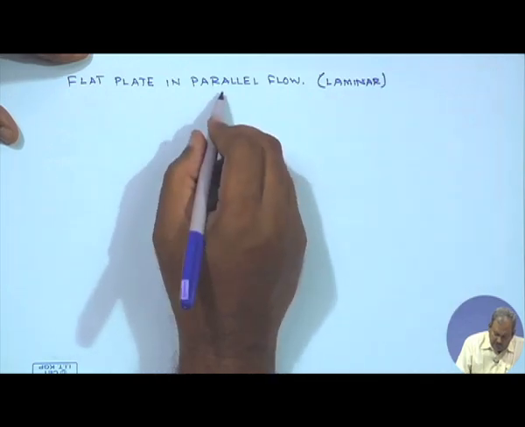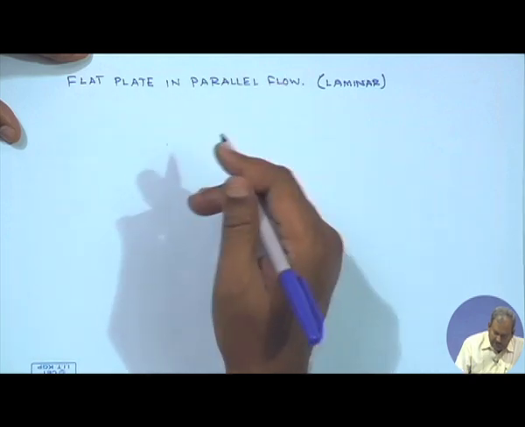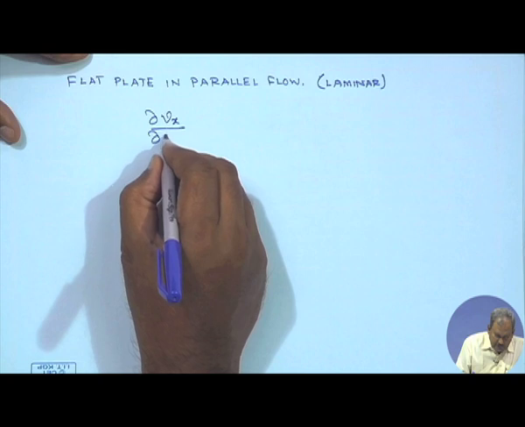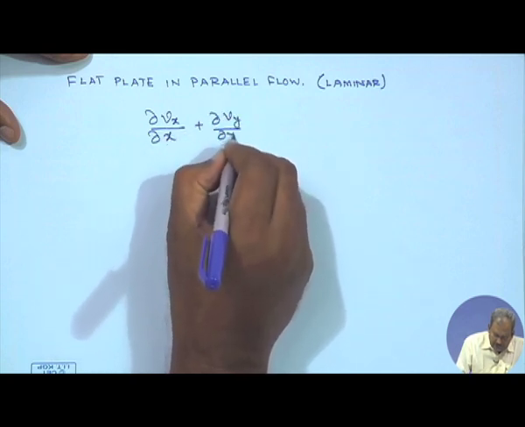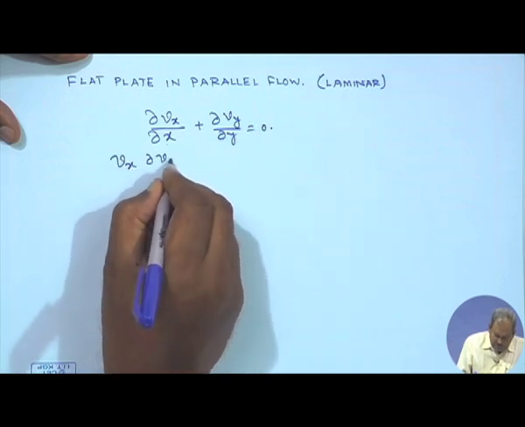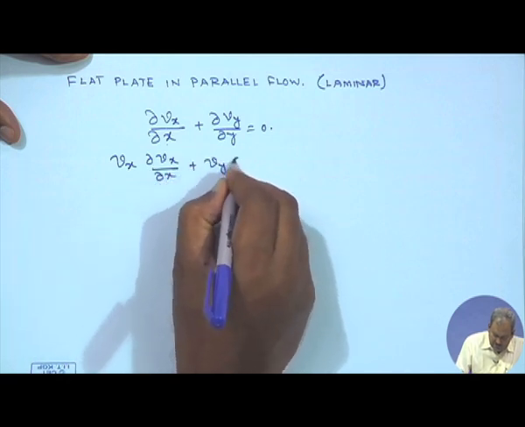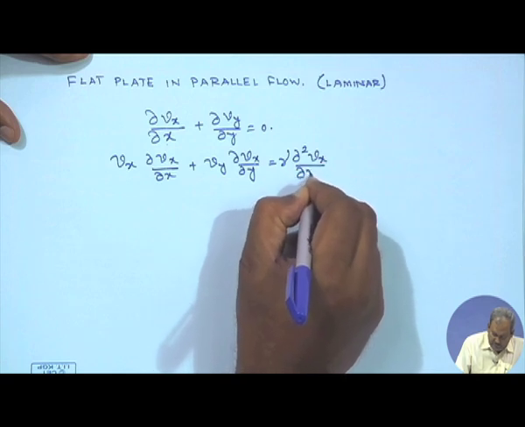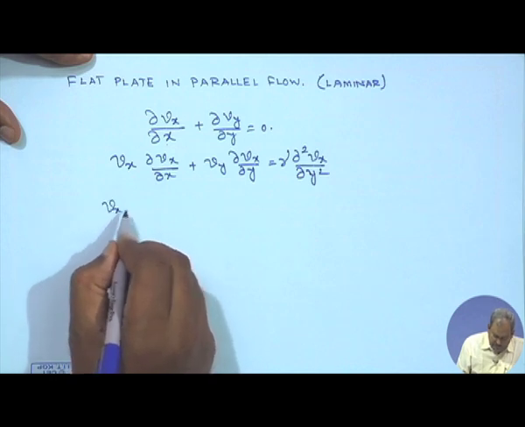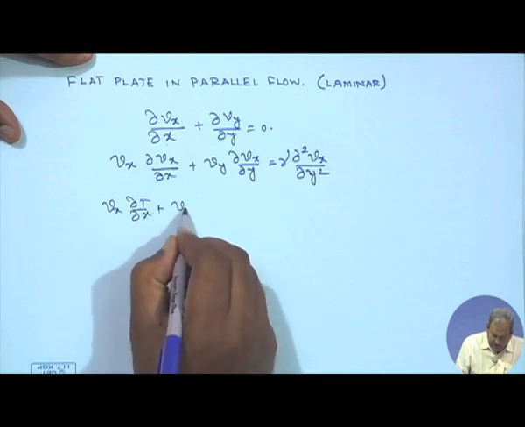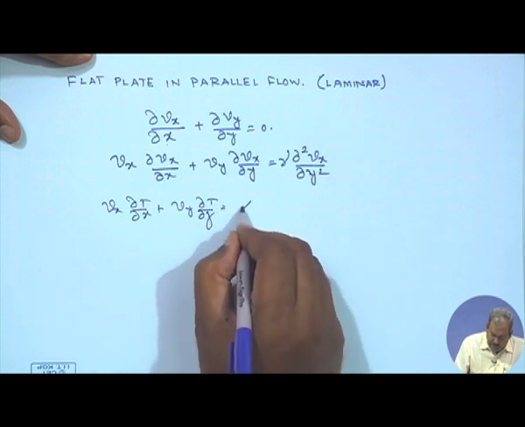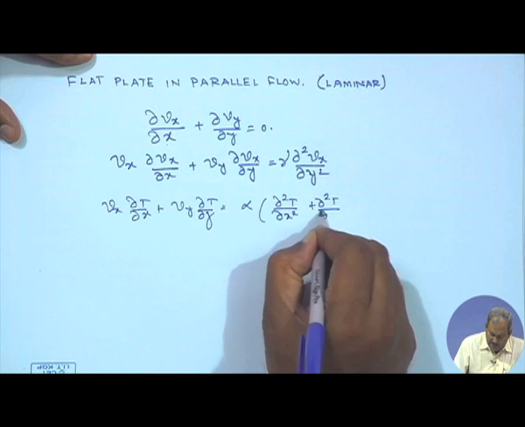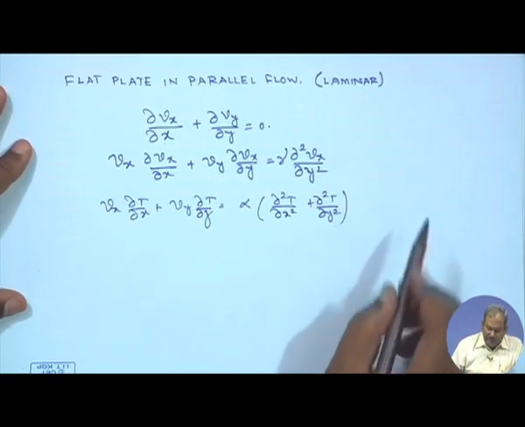If it is laminar flow over a flat plate in which there is a temperature difference between the solid and the liquid, the governing equations are the equation of continuity and the equation of motion, these two we have seen before, and the equation of energy would simply be Vx del T del x plus Vy del T del y equals alpha, which is k by rho Cp, times del 2T del x square plus del 2T del y square, and we assume there is no heat generation, etc.